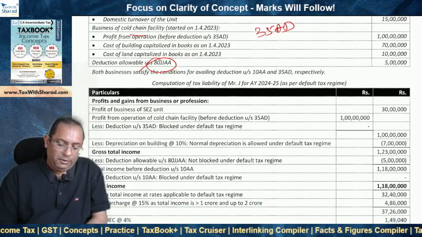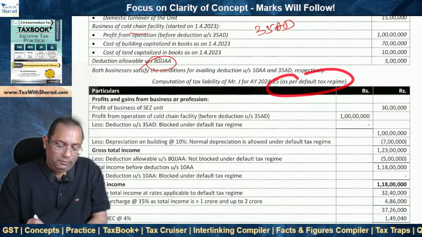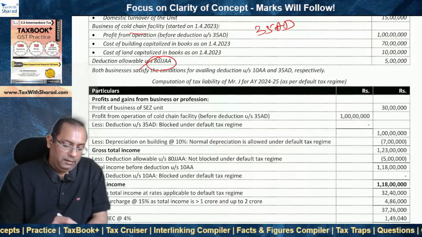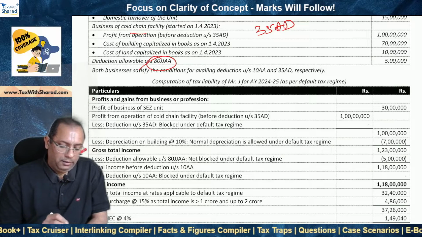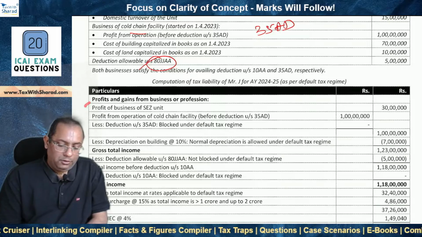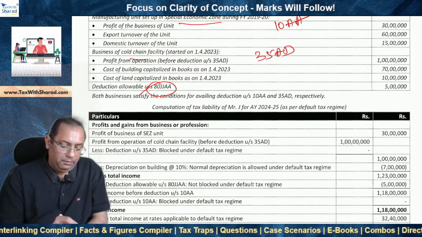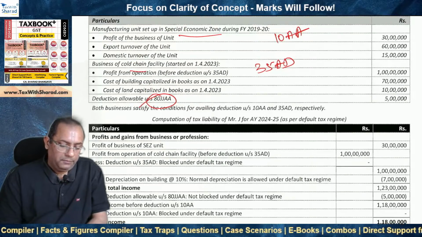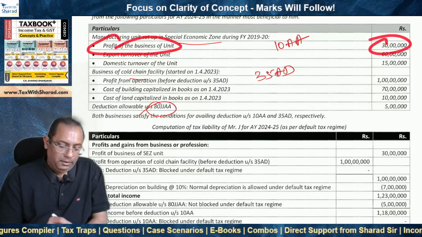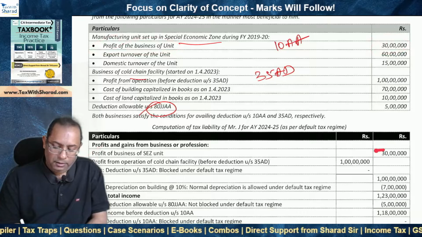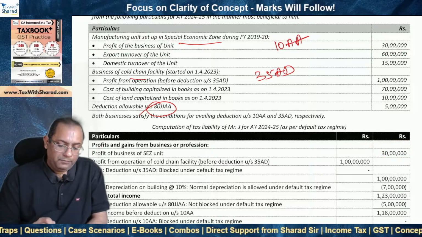So we first make computation as per the default tax regime, and PGBP, gross total income, and then total income. So there is no other head except for PGBP. So we write profits and gains from business or profession, and then profits of the business of unit is 30 lakh rupees.